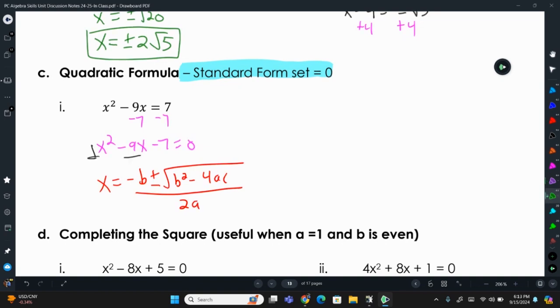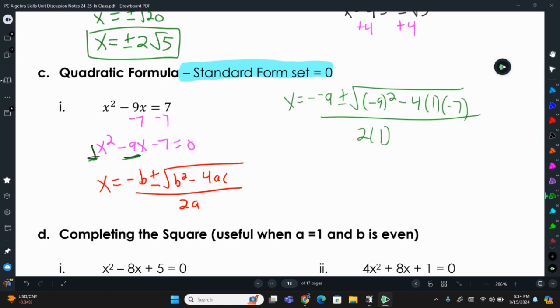All right, so then let's substitute in our values. We have x equals negative 9 plus or minus the square root of b squared. So b is negative 9 again, minus 4 times a is an invisible 1, times c, all over 2 times 1. Now we get x equals positive 9 plus or minus.